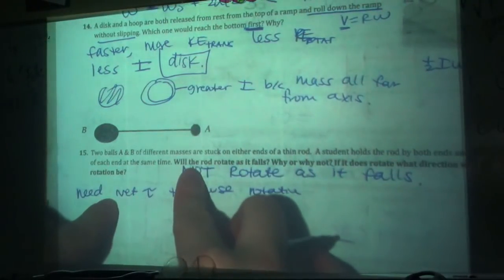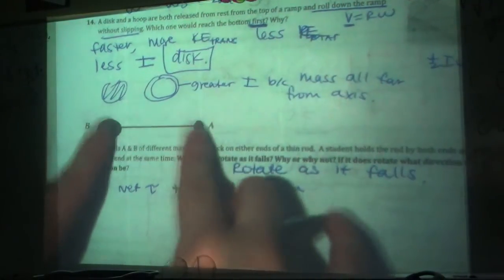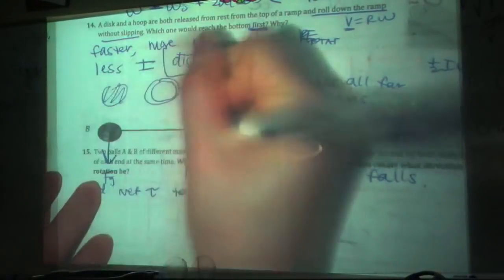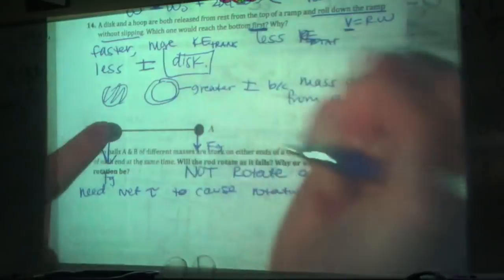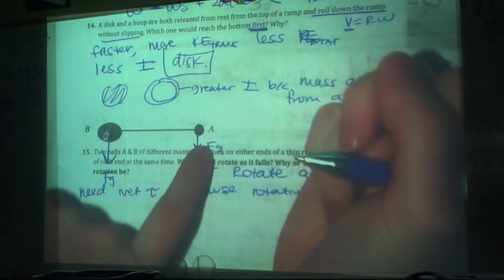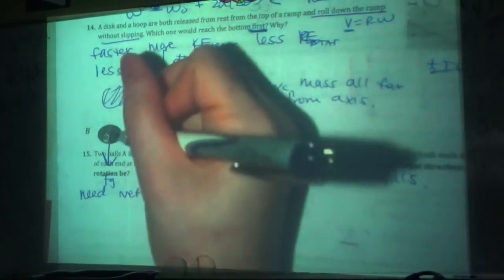Now there are forces acting on it, in this case the force of gravity acting on both, and they are not the same because they're different masses. B is much bigger, so they're going to have different forces of gravity. This has a much greater force of gravity than this one does, which might make you think, oh, this is greater torque, it should rotate counterclockwise.